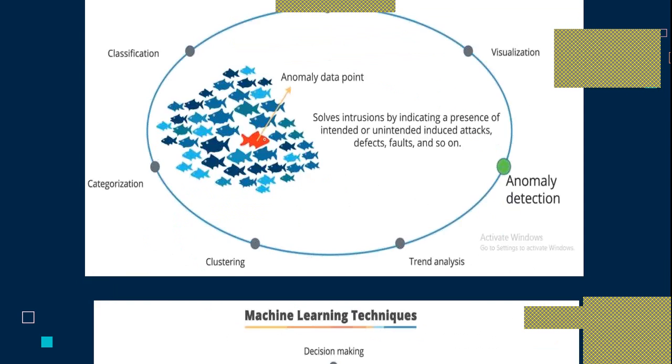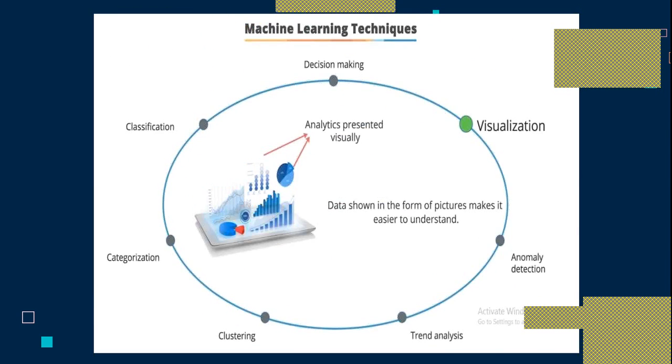The next technique is a very popular and widely used machine learning technique, that is visualization. So what is visualization? Visualization itself explains that whatever data you have, you can visualize it in a proper way. Data shown in the form of a picture makes it easier to understand.